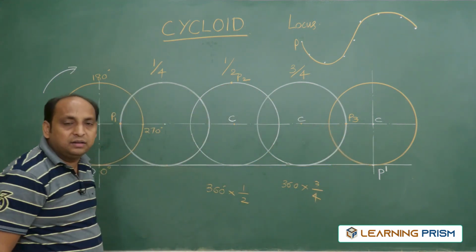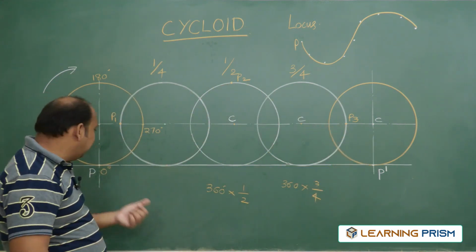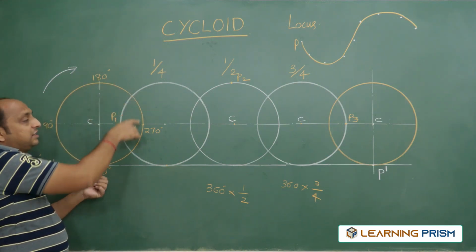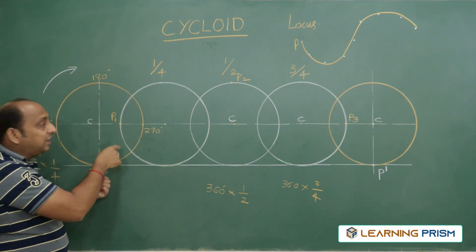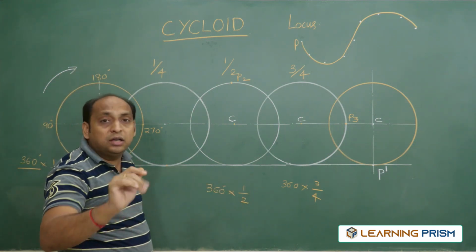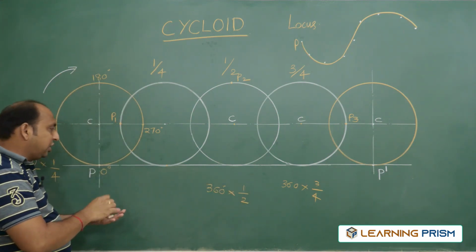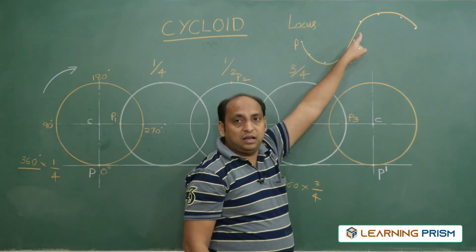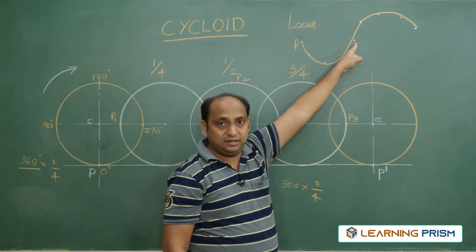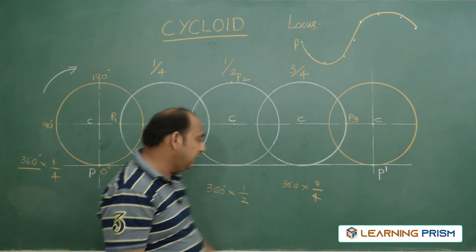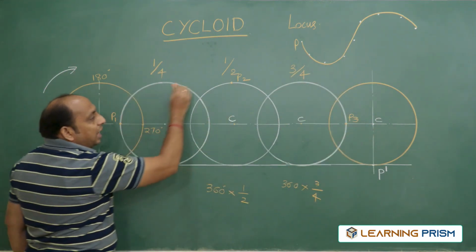That is the path traced by the point P, which is taken on the circumference of the circle when the circle rolls on a straight line path without slipping. So just join all the points like this. I have joined all the points in the path. This is your locus.